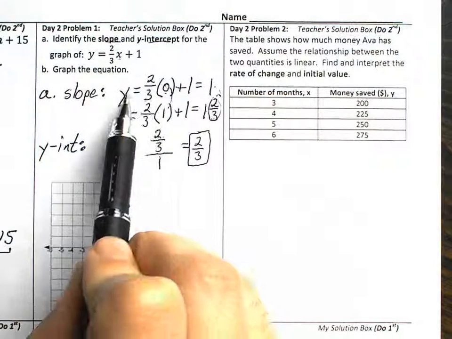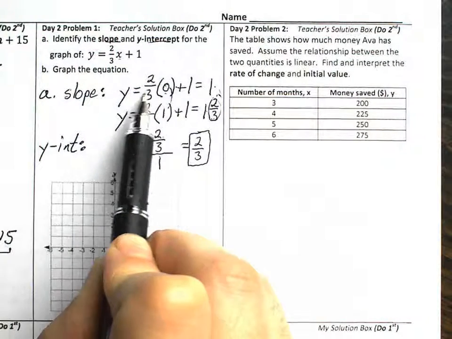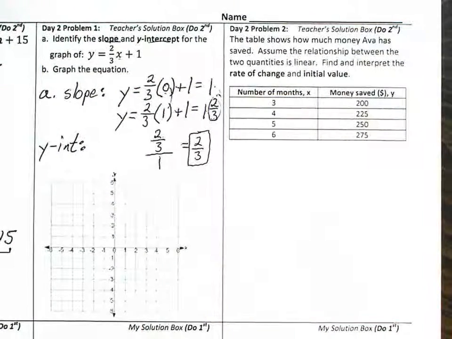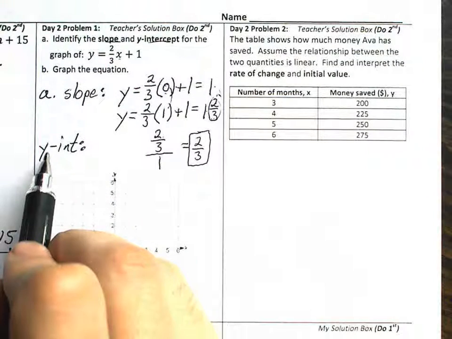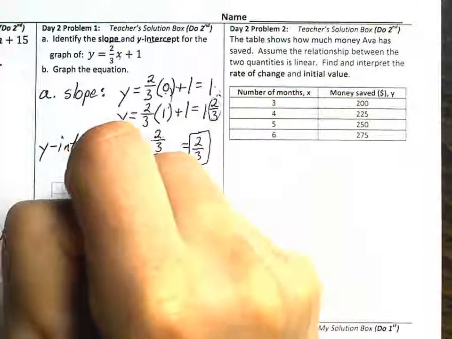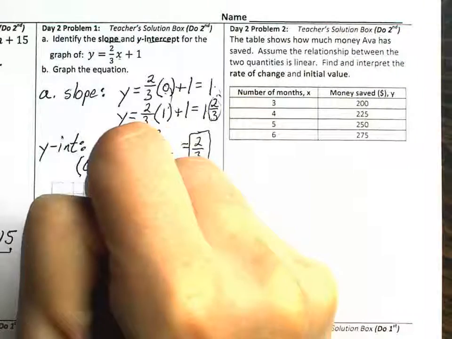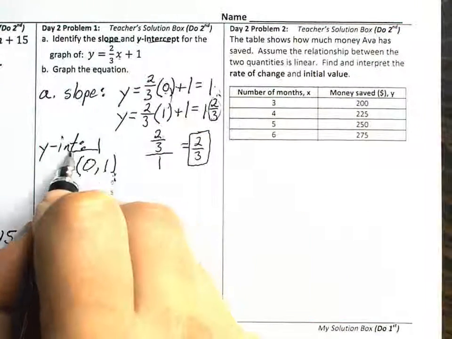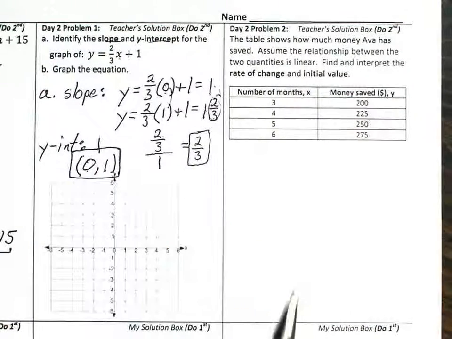And in fact, we've already done that. The very first work step we did, we had filled in a 0 for x and figured out that y was 1. And so the y-intercept is 1. As an ordered pair, we could write this as 0, 1. When x is 0, y is 1. So here is our y-intercept.